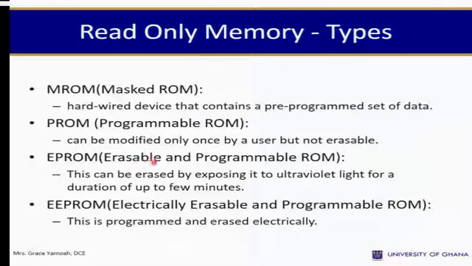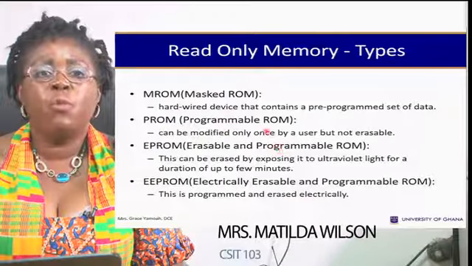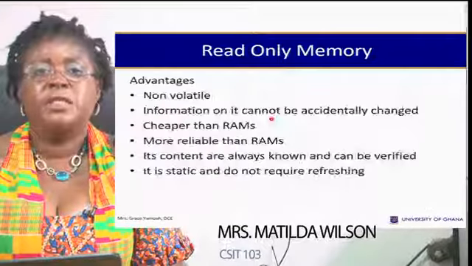EPROM, erasable and programmable ROM, can be erased by exposing it to ultraviolet light for a duration of up to a few minutes. EEPROM, electrically erasable and programmable ROM, is programmed and erased electrically. So these are the different types of ROM we have in the market.